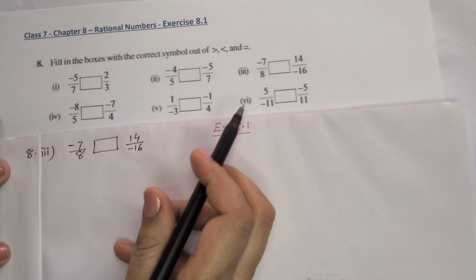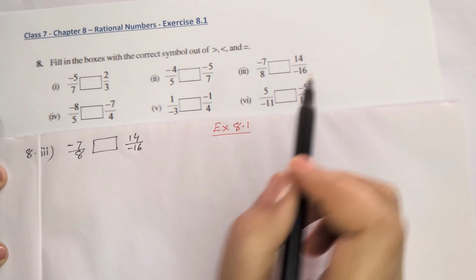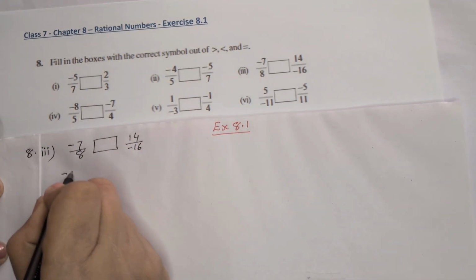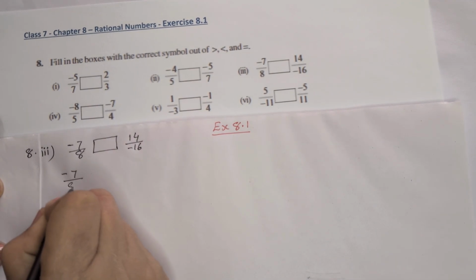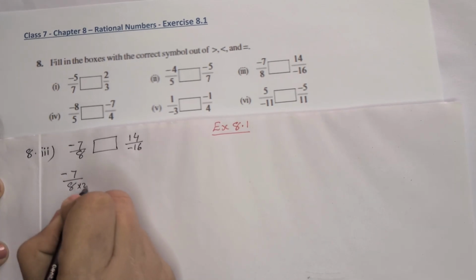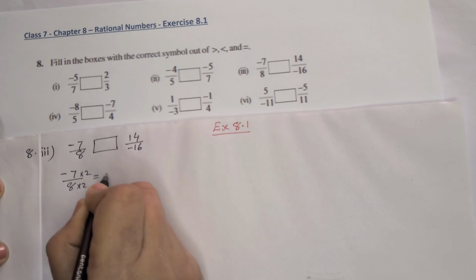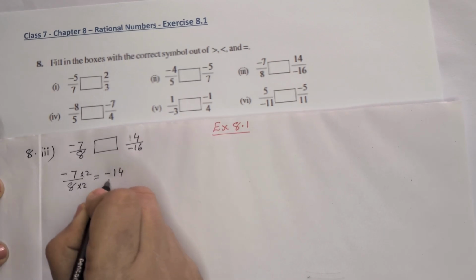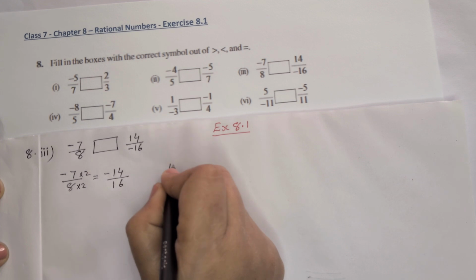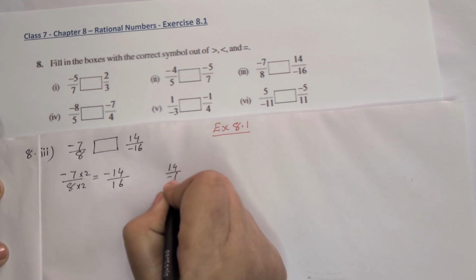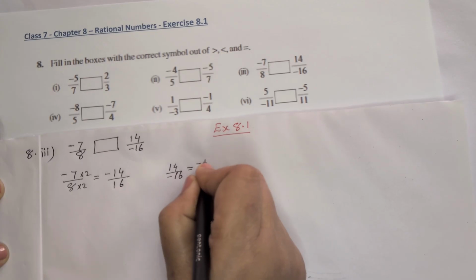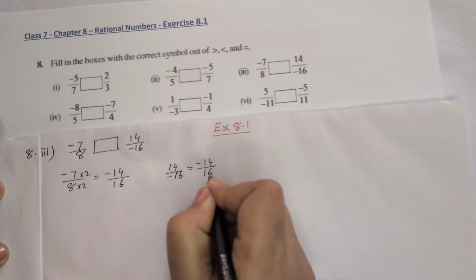Third one, minus 7 by 8 and 14 by minus 16. This we can rewrite as, first one, minus 7 by 8. Here the denominator is 16, so multiply by 2. This will come as minus 14 by 16. And this number, 14 by minus 16, is the same as putting the negative sign in the numerator, minus 14 by 16.